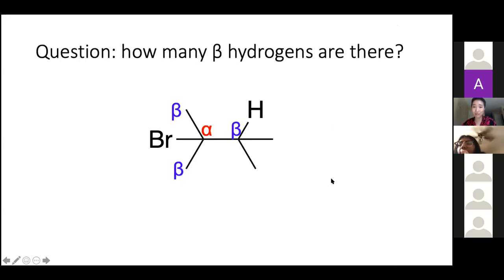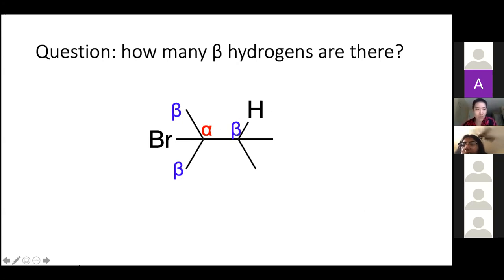That sounds like a great answer. So can you tell me where the 6 missing hydrogens are? They're on the beta carbons over there. There are 2 beta carbons over here, and each beta carbon has how many hydrogens? 3. Each has 3, so we have 6 plus this one over here.